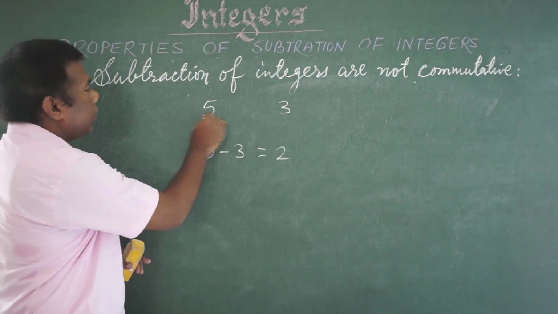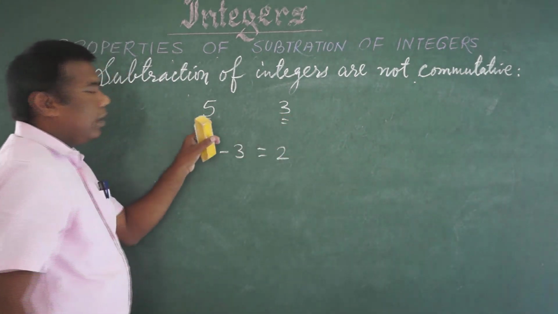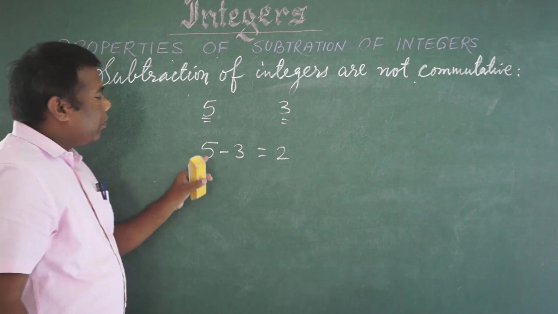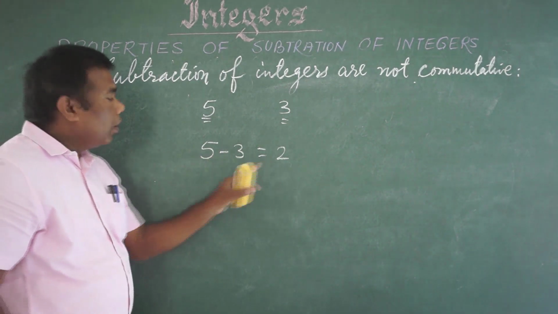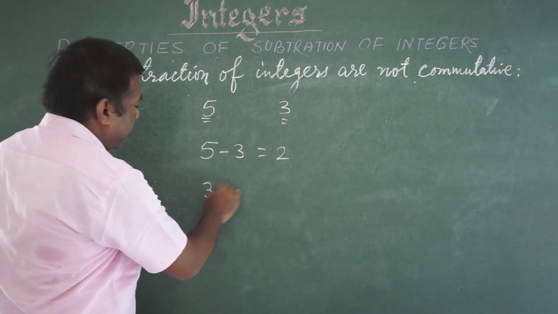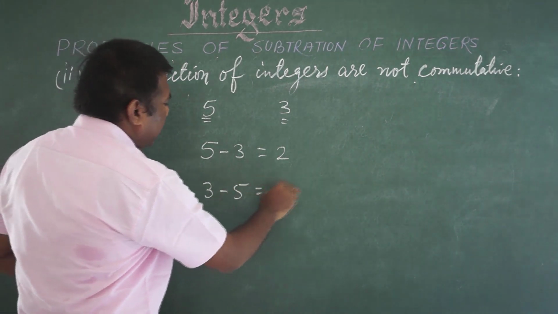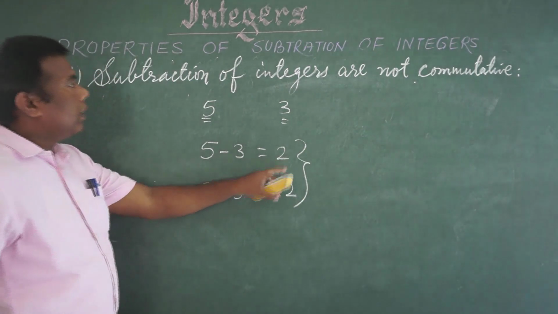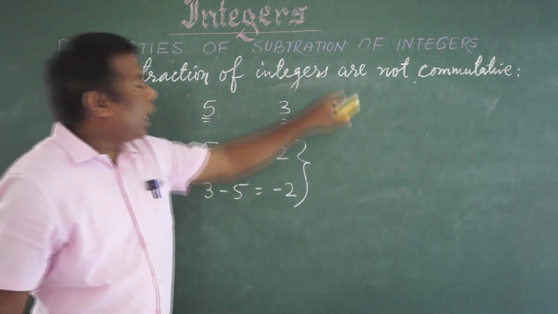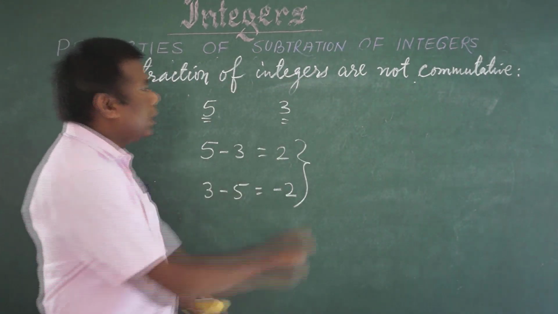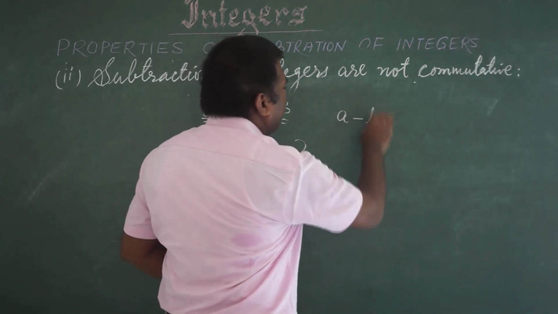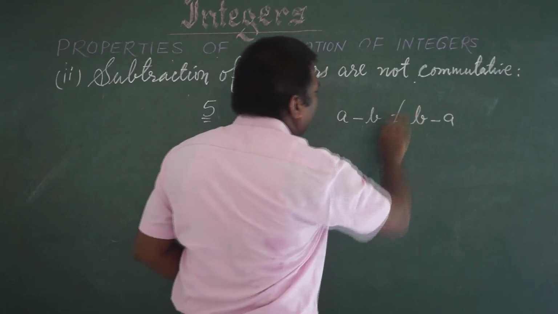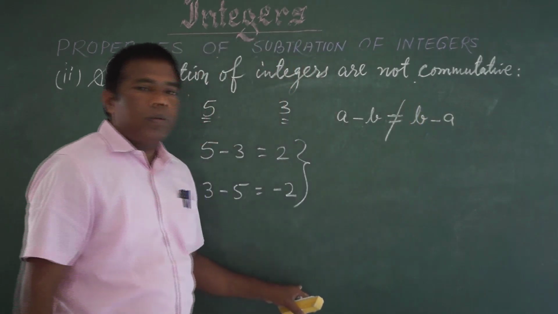In place of a you have 5, in place of b you have 3. 5 minus 3 you got 2, but if you write 3 minus 5, what will you get? We will get minus 2. So subtraction of integers is not commutative. It means you cannot write a minus b equal to b minus a. This cannot be written.